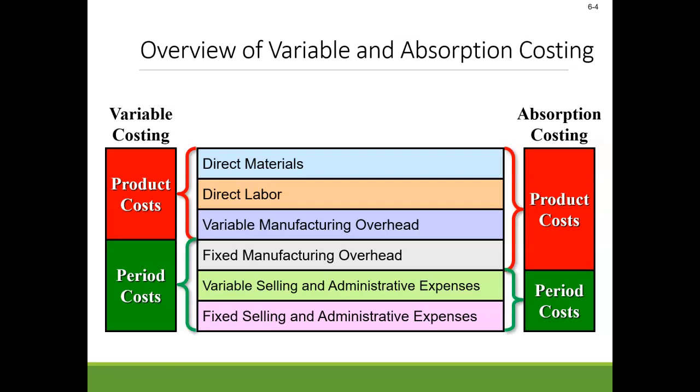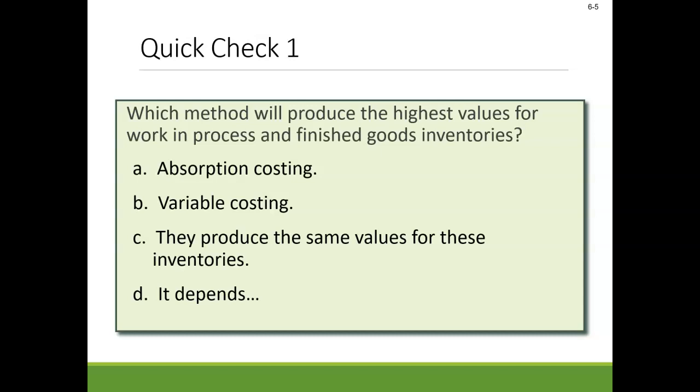Product costs include direct materials, direct labor, and all manufacturing overhead. But in this chapter, as we look at variable costing, the fixed manufacturing overhead we're going to put into the period cost.